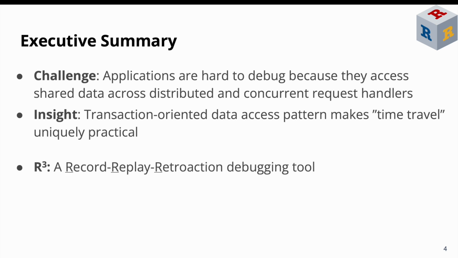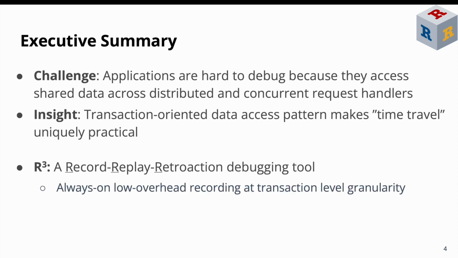Guided by this insight, we built R-Cubed, a time travel debugging tool. As long as apps access shared data only through transactions, they can use R-Cubed to debug. R-Cubed provides always-on, low-overhead recording at transaction-level granularity. It can faithfully replay past request executions, and it's very fast.